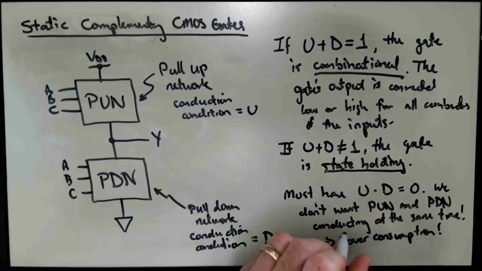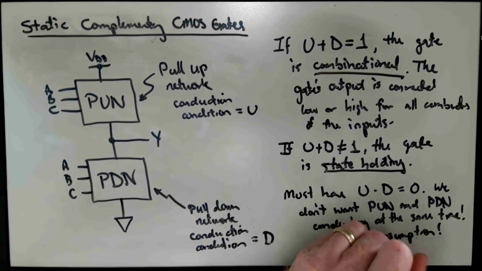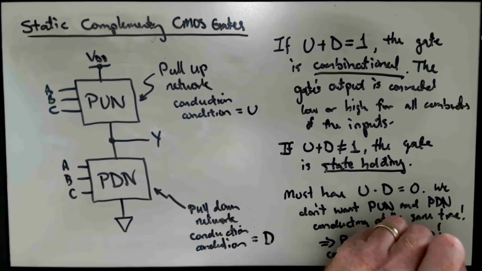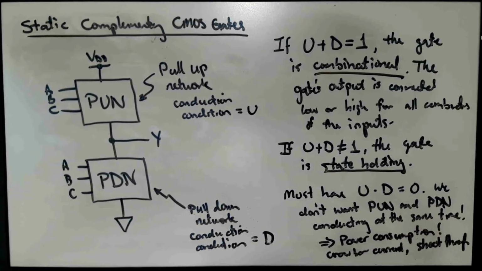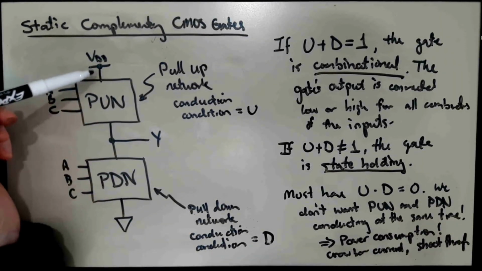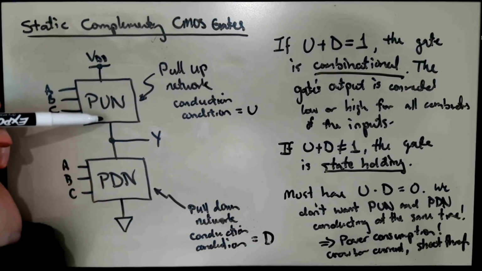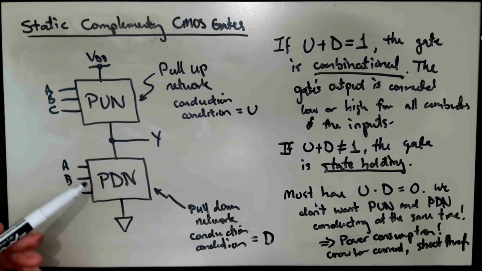This is sometimes called crowbar current, or shoot through. So basically, we don't want to have a situation where the pull-up network is conducting at the same time as the pull-down network is conducting for any substantial period of time.